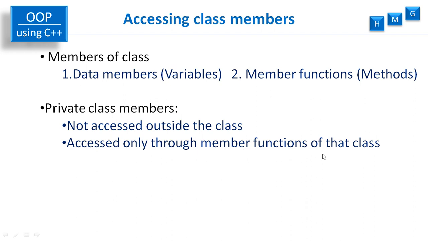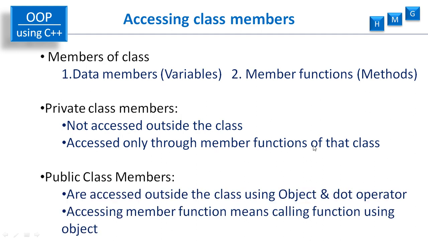Who can access private class members? The member functions that are defined or declared within the class can access them. For example, in our class, get data and put data are the two member functions. These two member functions can access the class members, that is item number, name and cost. That is the meaning of private class members.